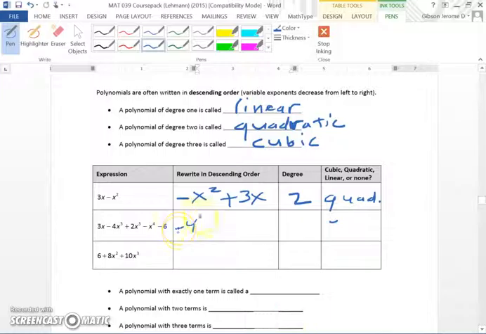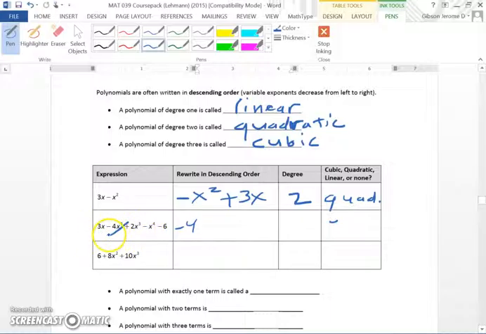I can't write that because it's going to jump. So again, negative 4x to the 5th goes first. The next thing you would write is minus x to the 4th. Next, plus 2x cubed.